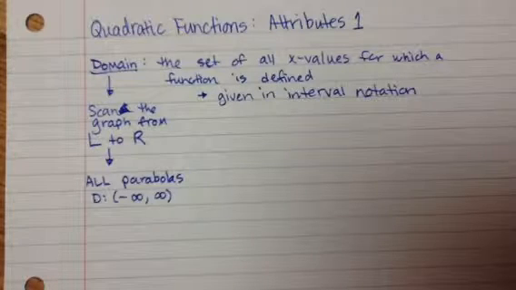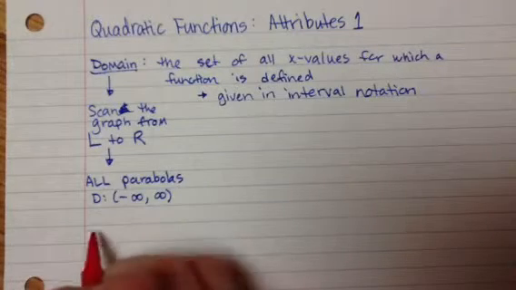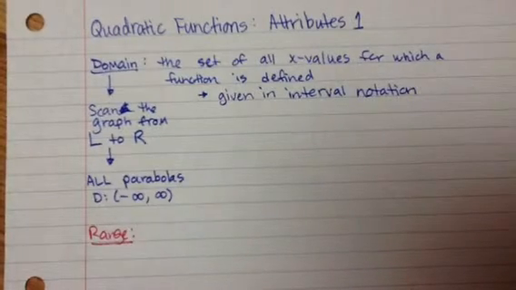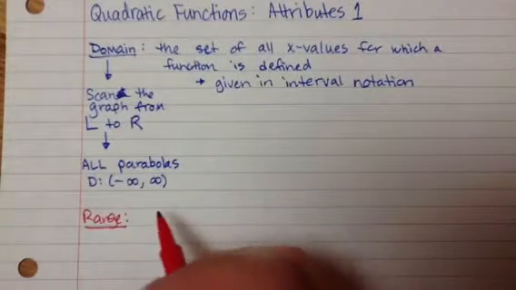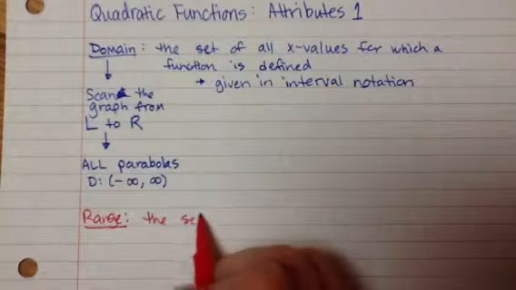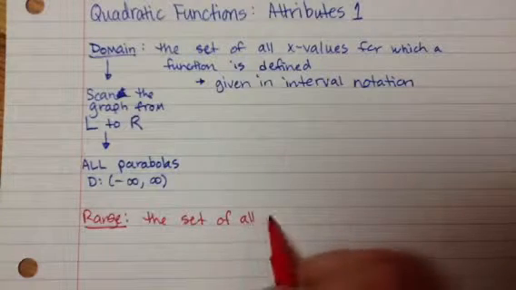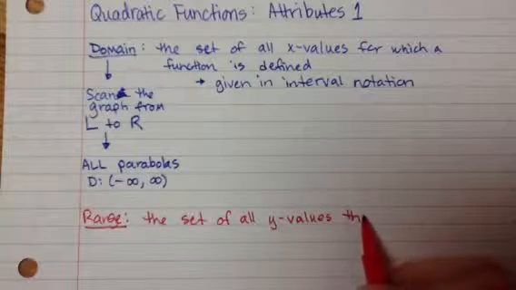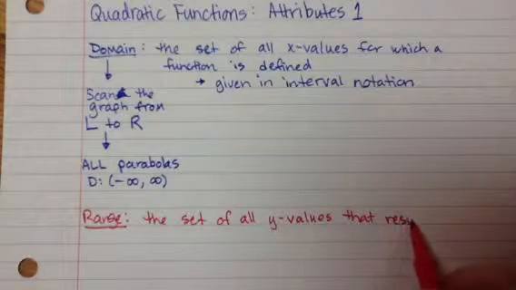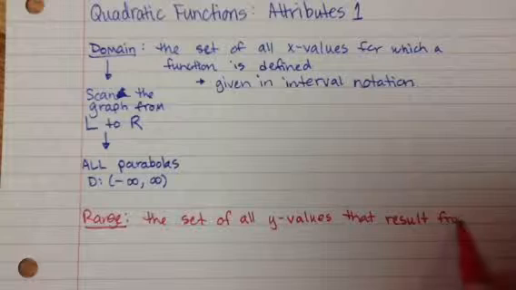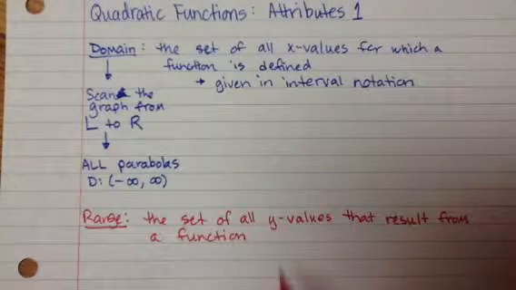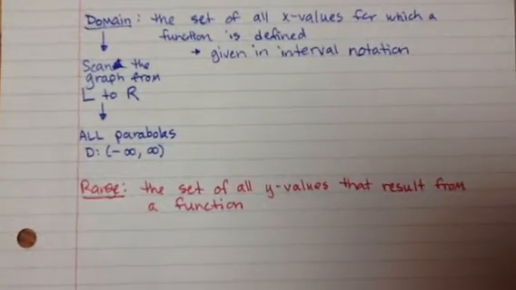Range is going to be the next attribute or characteristic. Range is the set of all y values that result from a function. So it's all the y values that appear on a graph.